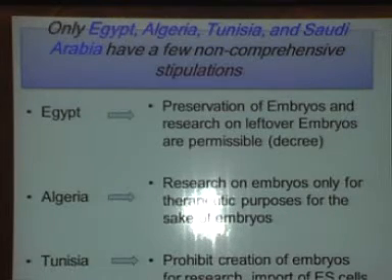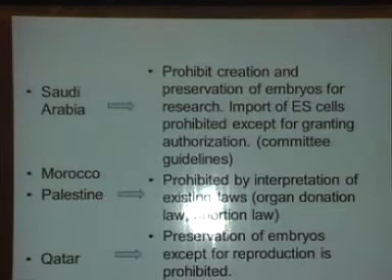That means that the destruction of the embryo is not allowed. And Tunisia clearly prohibits the creation of embryos for research or the import of stem cells. And Saudi Arabia also prohibits creating embryos for research and prohibits import and export of stem cells, except with authorization from the committee.